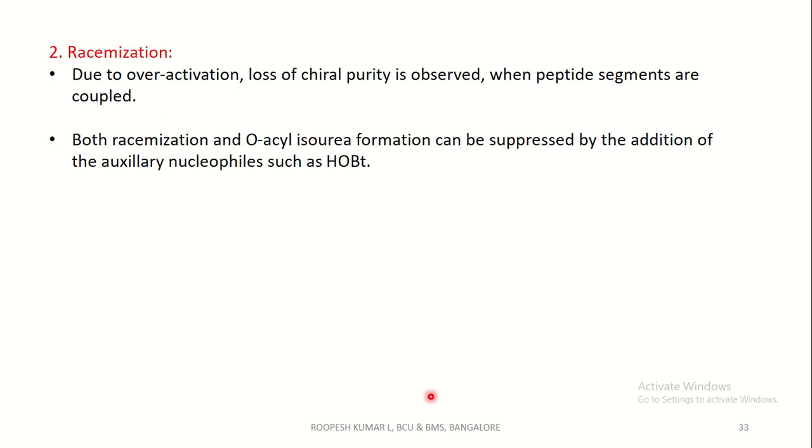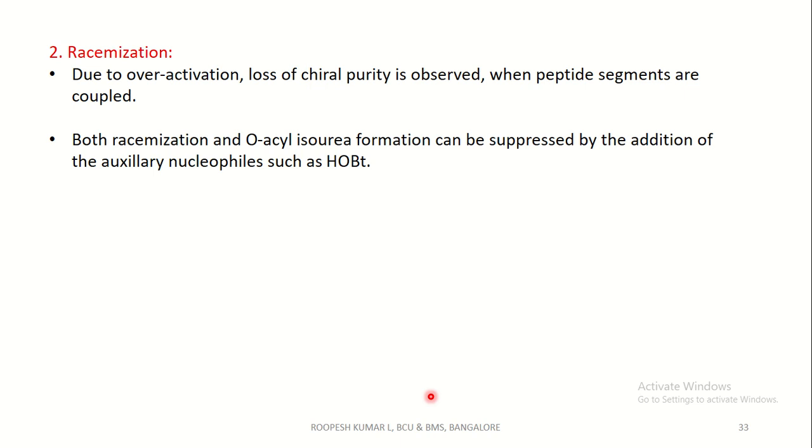Coming to the second disadvantage, that is racemization. Due to overactivation, loss of chiral purity is observed. That is, racemization is expected. If you use an L amino acid, the product will be a mixture of both the L amino acid as well as the R amino acid, that is, when peptide segments are coupled.